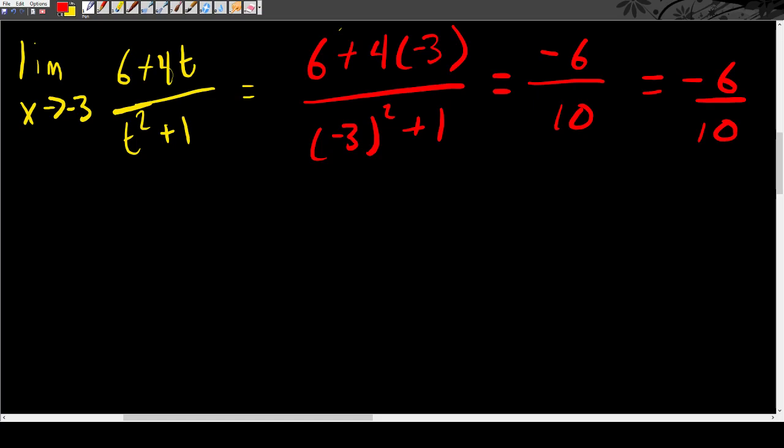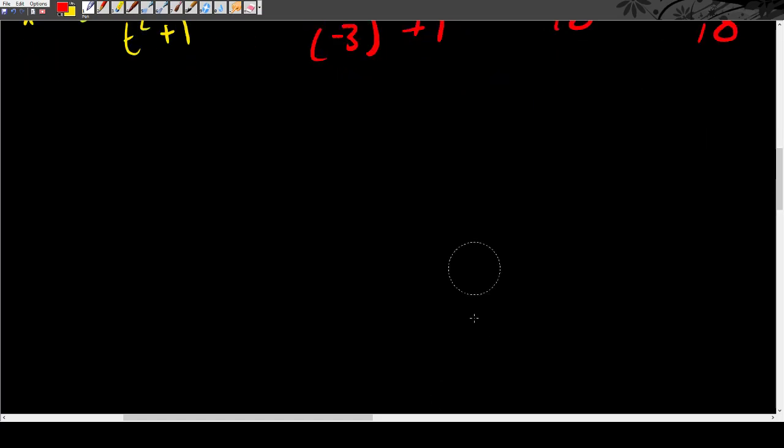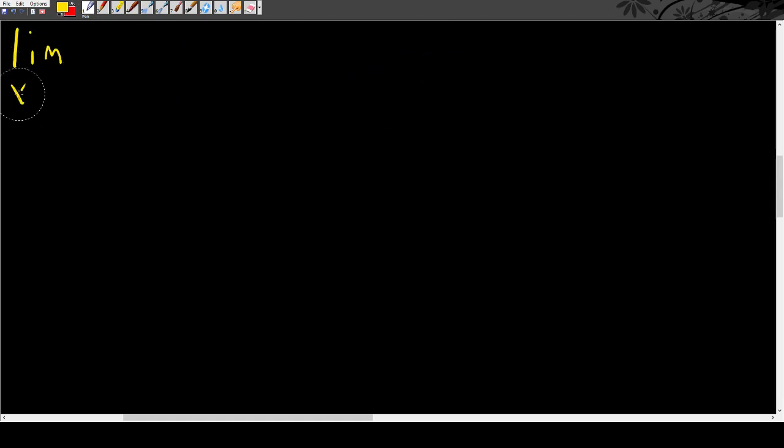Other problems where the limit may equal 0 on the bottom, or on the top, or either way. If it equals 0 on the top and doesn't on the bottom, your answer is just 0, obviously.